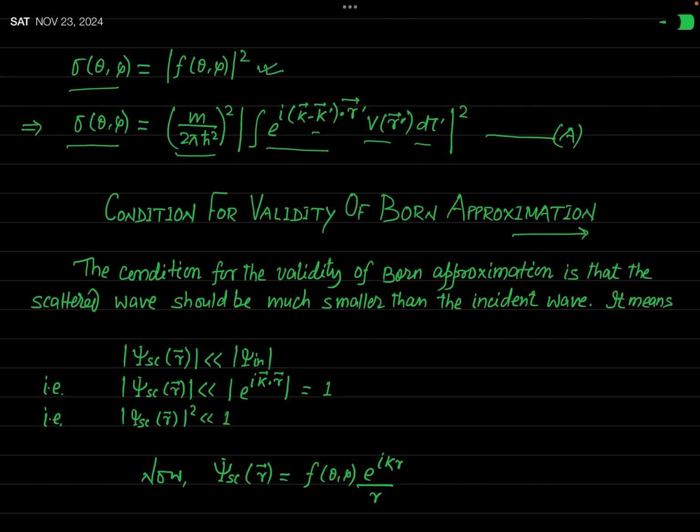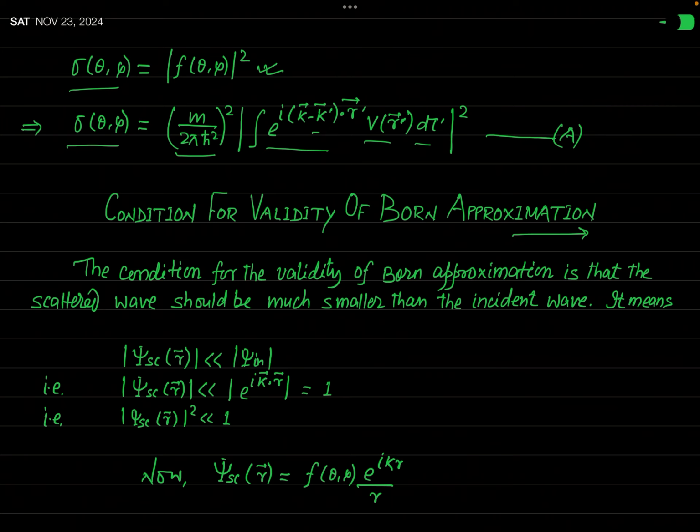But as I have told you earlier, we must check when this Born approximation is valid and when it is invalid. So what is the condition for the validity of Born approximation? Now we are going to learn.